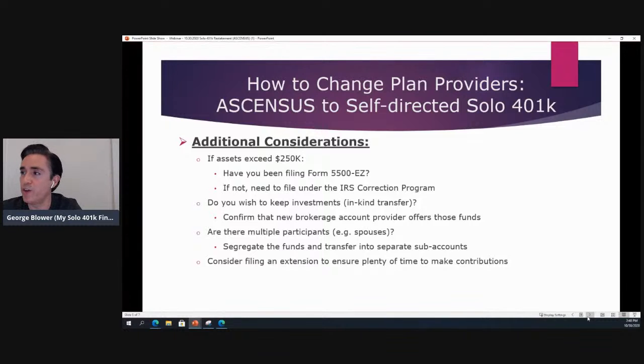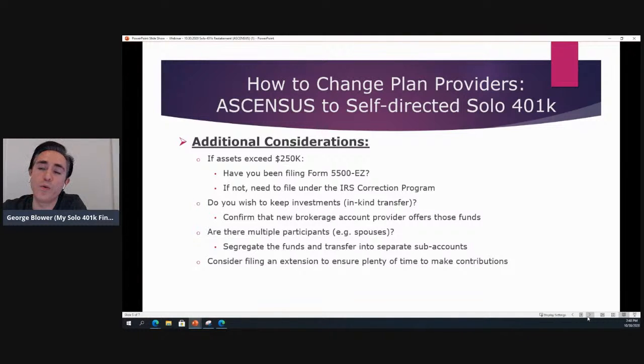The next question here: if the solo 401k has over $250,000, does it need to file a 5500 or 5500 EZ? Or is there any time a solo 401k would file a 5500? Presumably, you're referring to the long form 5500. There's other versions versus the 5500 EZ.